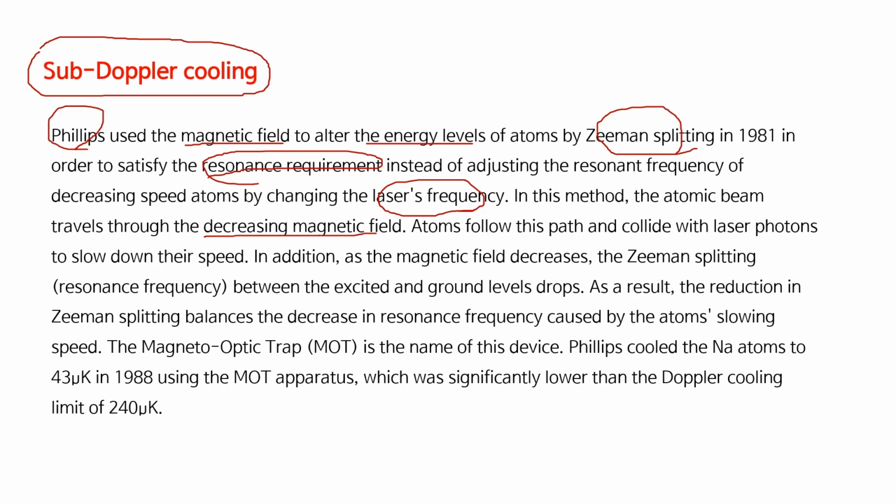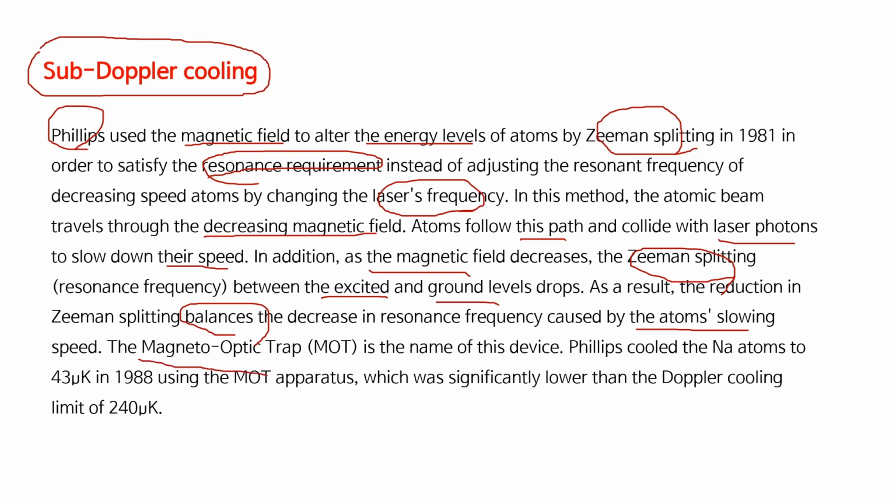Atoms follow this path and collide with laser photons to slow down their speed. In addition, as the magnetic field decreases, the Zeeman splitting between the excited and the ground levels drops. As a result, the reduction in Zeeman splitting balances the decrease in resonance frequency caused by atoms slowing down.